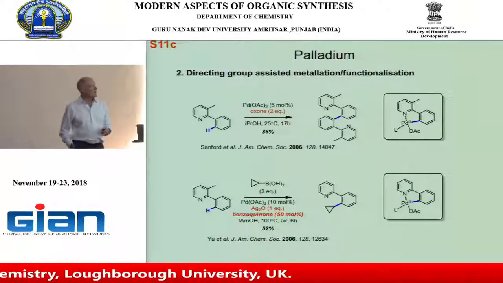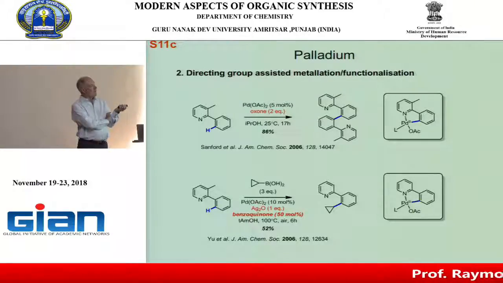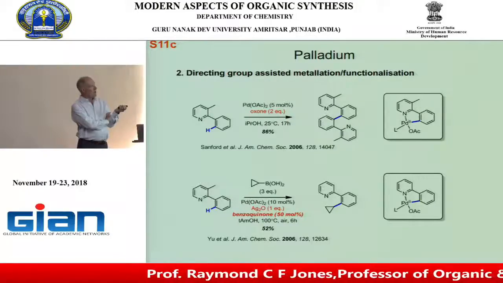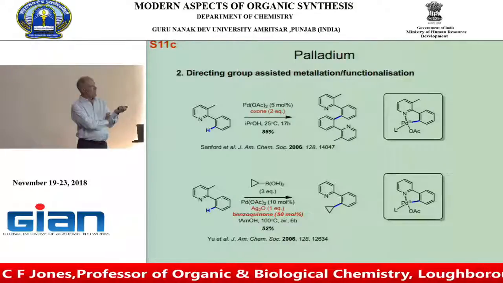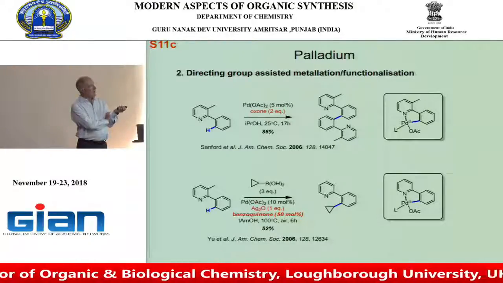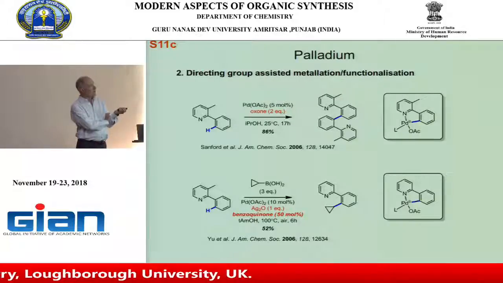Here are some directing group assisted processes. This is another illustration of one with the directing group being an adjacent nitrogen atom. In this case, actually, there isn't another component. It's a dimerization through this position.